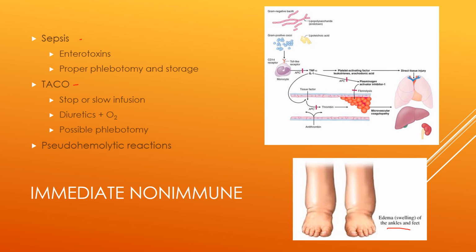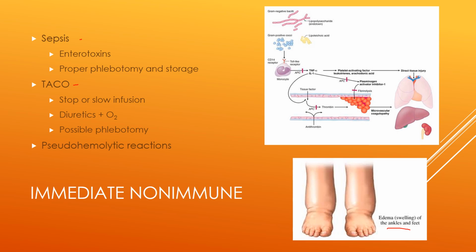Now, TACO can be easily confused with TRALI because, of course, you can see pulmonary edema with both, and actually you can have both at the same time. So what's the difference between the two? Hypertension. TACO always has hypertension, right? Because you have high volume.